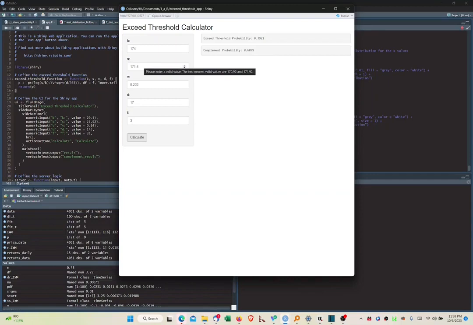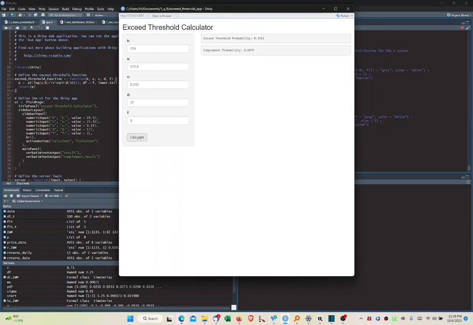It's 171.4. The implied volatility is 0.233. The number of days left in this particular option is 17 days, and the degrees of freedom of the T rounded off is 3. It only takes integers, at least in my shiny app, it actually does take rounded numbers, but not in this app.